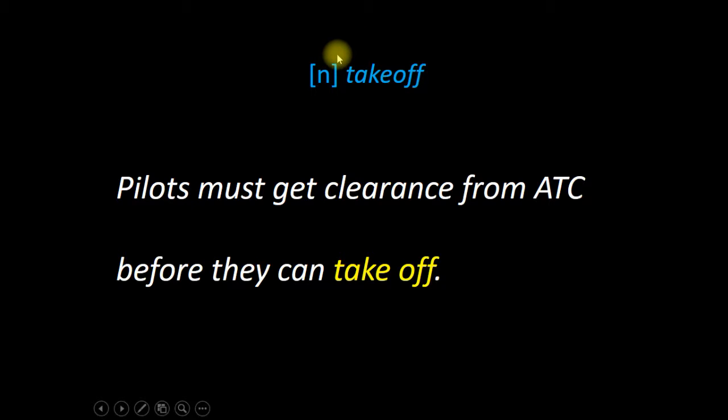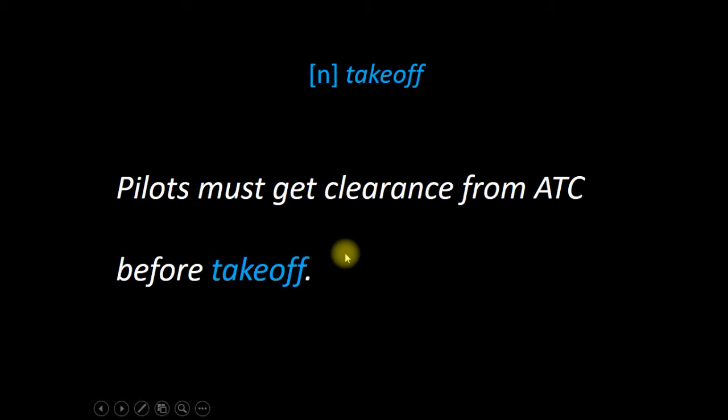So takeoff can also be a noun. So for example here, pilots must get clearance from ATC before they can take off. We could also say before takeoff. Notice the difference here that we've got they can take off and takeoff. In this case we've got a full clause, so they is our subject and can take off would be the verb phrase.